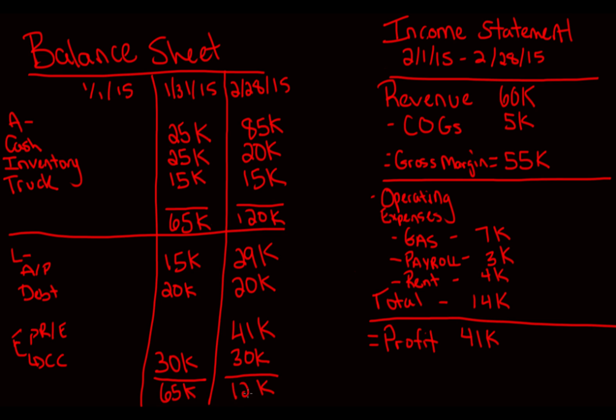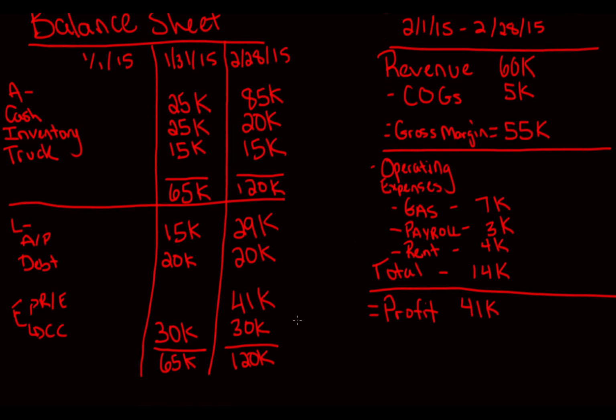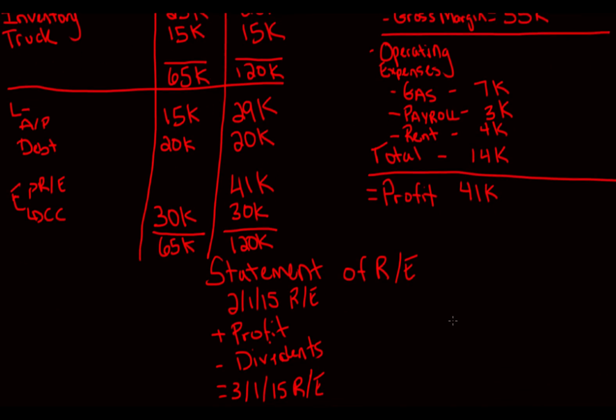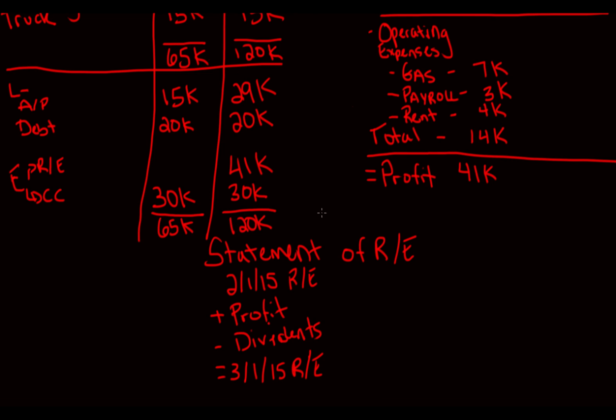Now we have 120,000 of liabilities and equity. And just to show you roughly what that looks like on a statement of retained earnings, I made a little statement here. The statement of retained earnings just says, hey, what was our retained earnings at the beginning of the time period? 0. We didn't have any retained earnings. What was our profit? 41,000. What were our dividends? Oops, it's supposed to be a D there.